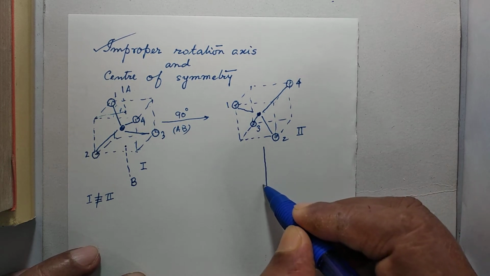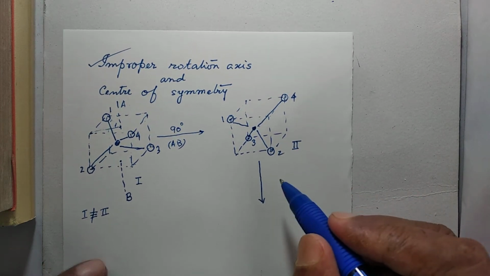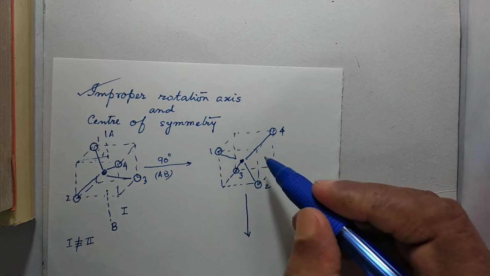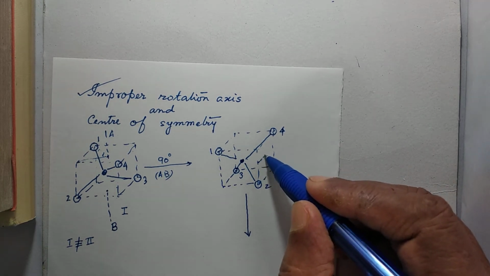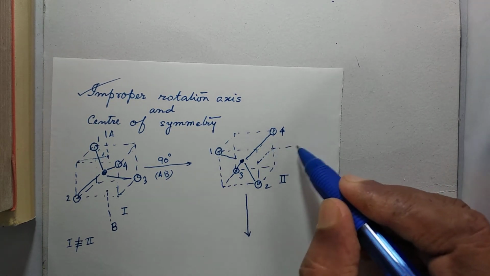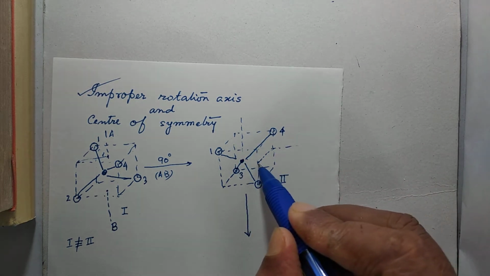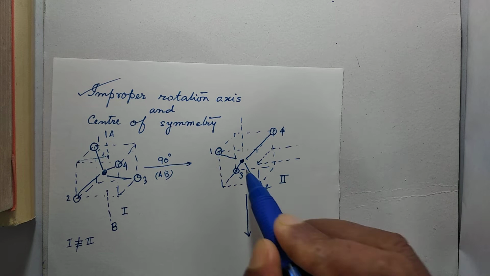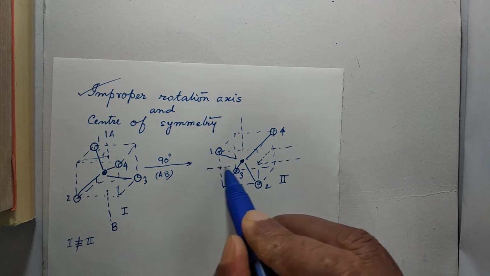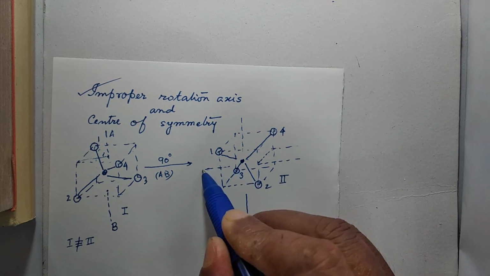Now carry out a reflection on this plane. Consider a plane like this, perpendicular to the line AB and cutting the cube into 2 equal halves.